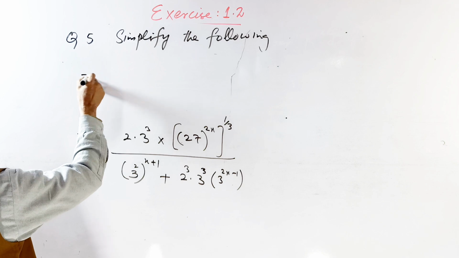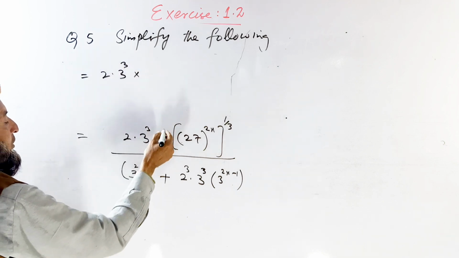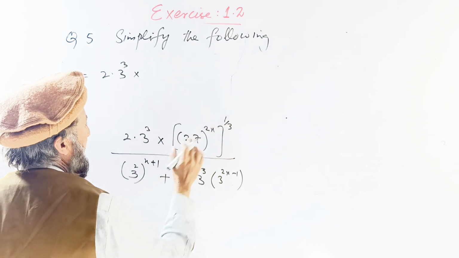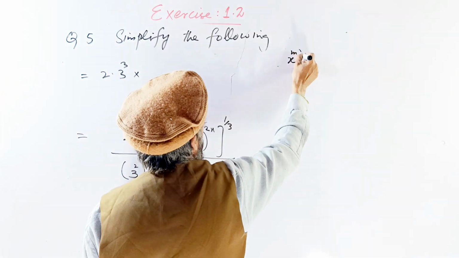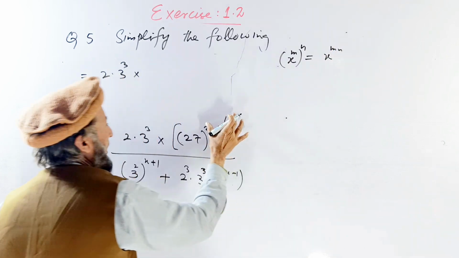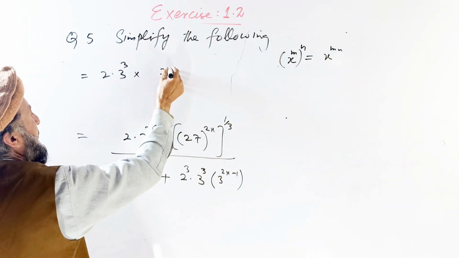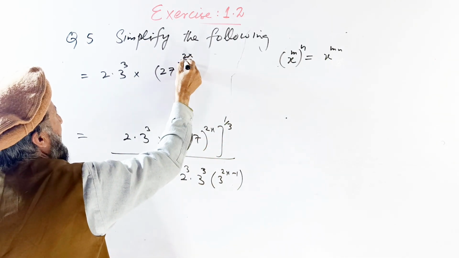Different rule we are using here, 2 dot 3 power 3 into 27. First we multiply this exponent according to the double exponent rule, x power m, n is equal to x mn. This is called double exponent rule, so we can write 27 2x multiplied by 1.